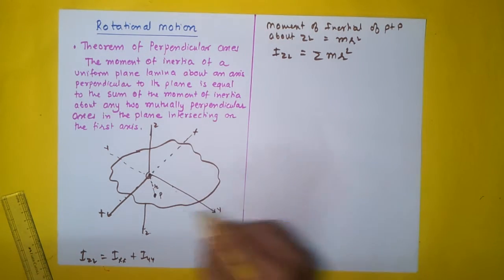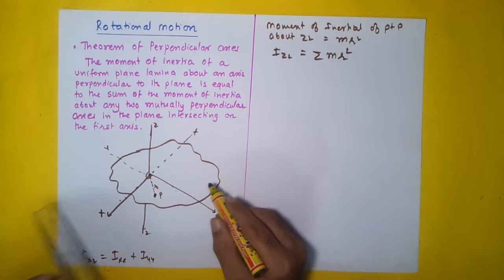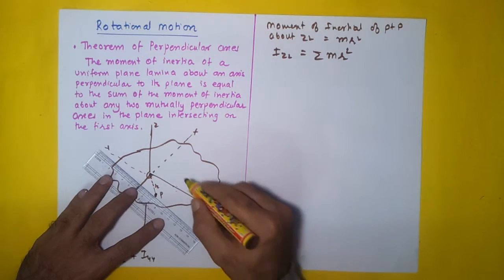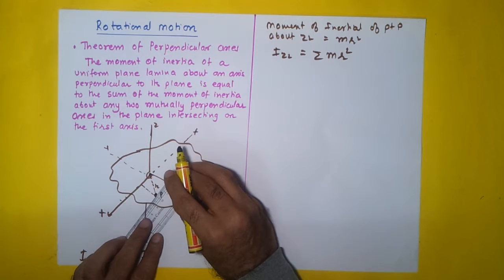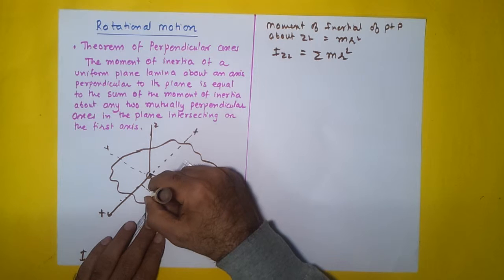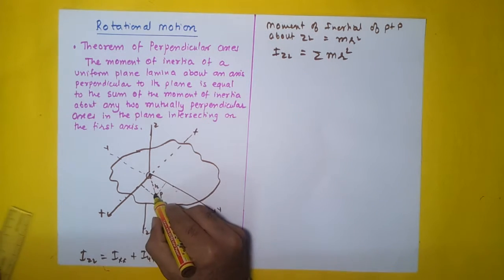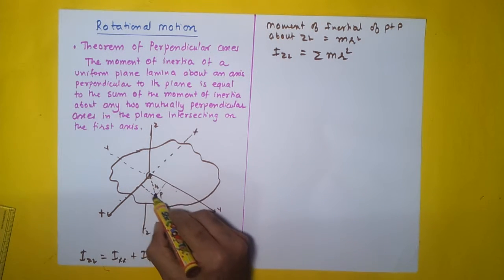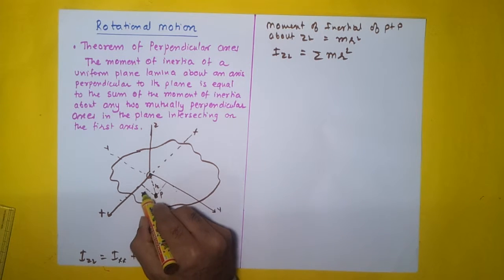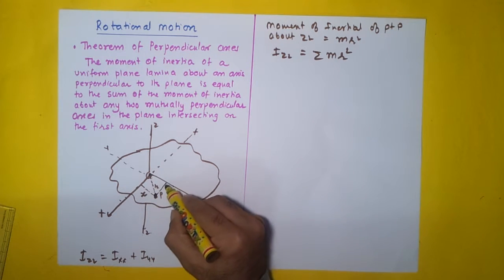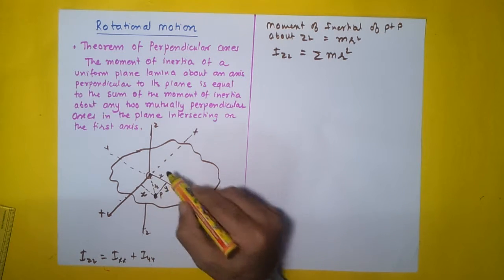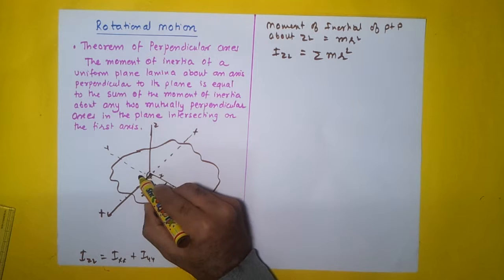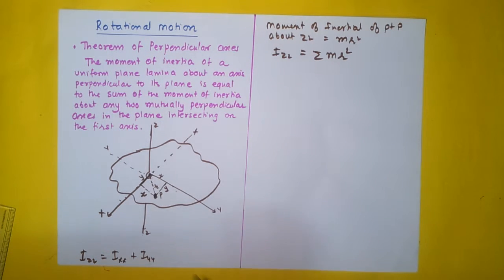Now if you look at this and do a little bit of geometry over here, and if I try to complete this, this particular point P is at, let us say, distance from the x-axis is x, and distance from the y-axis is y. So if this is x, this also will be x. If this is y, this distance will also be y. Now this angle is 90 degrees.